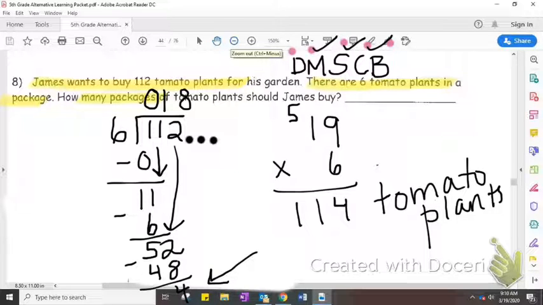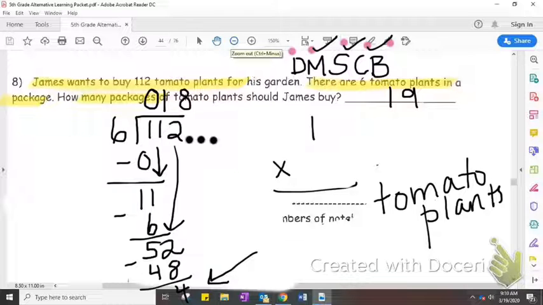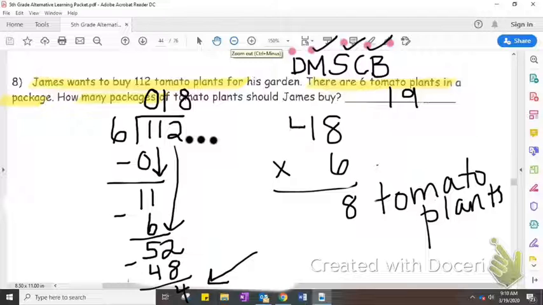So he should really buy 19 packages. That way he has enough. If James only bought the 18, he'd be a little bit short. He'd be those 4 tomato plants short. So that's why he should buy 19.